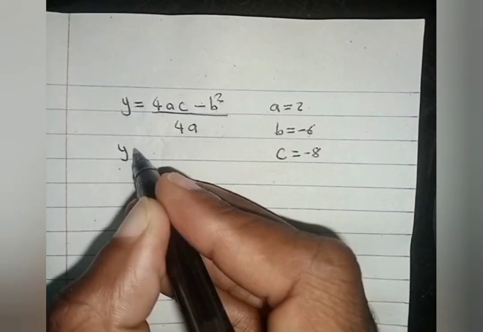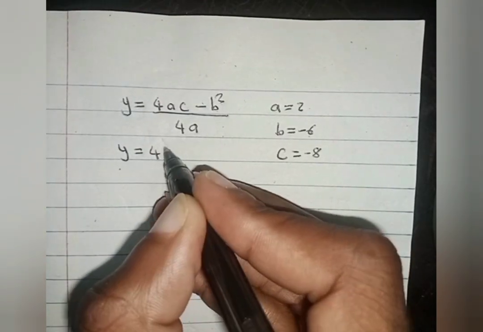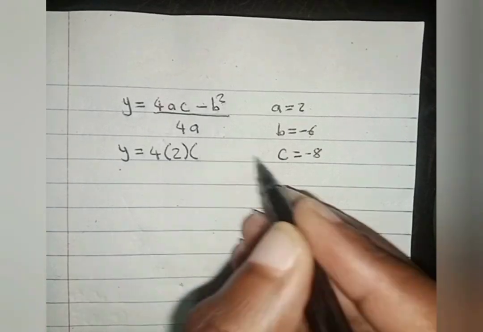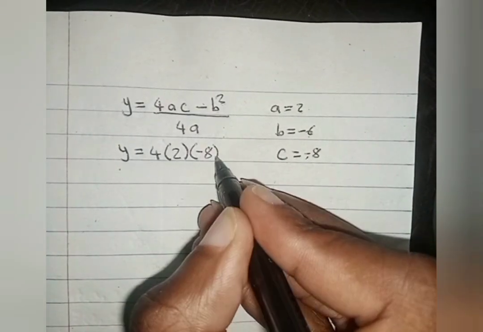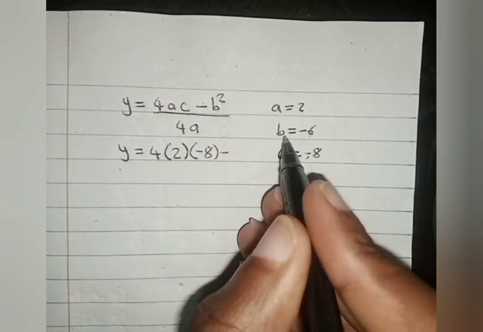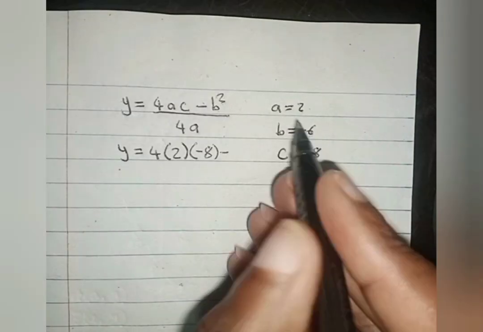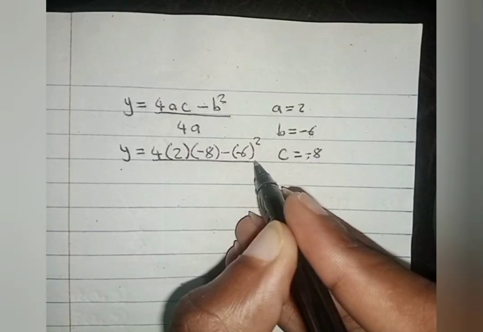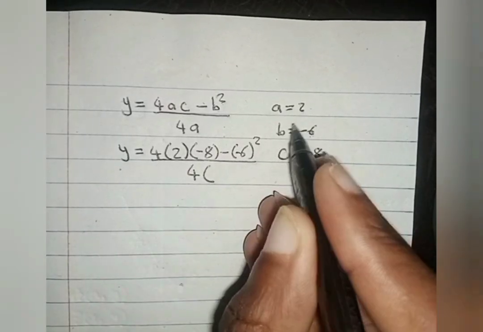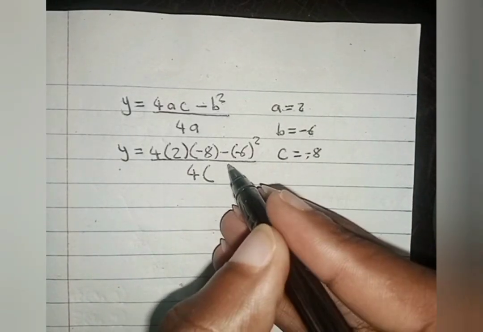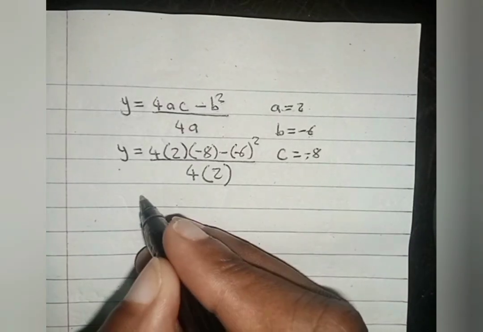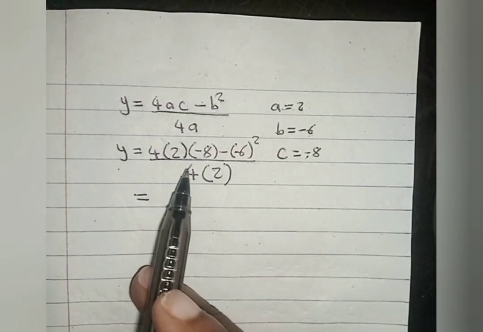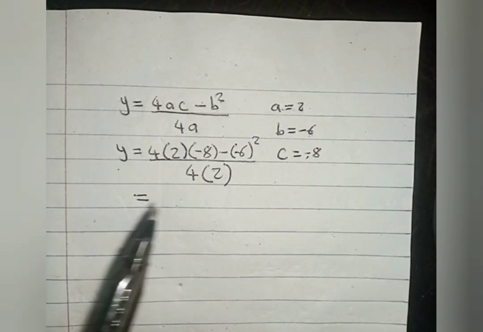So we have y is equal to 4, then our a is 2, so we do that substitution. Then our c is -8, minus our b squared, so we get -6 squared. Everything divided by 4, and our a is 2, so we put the 2. Let us simplify. 4 times 2, we get 8.